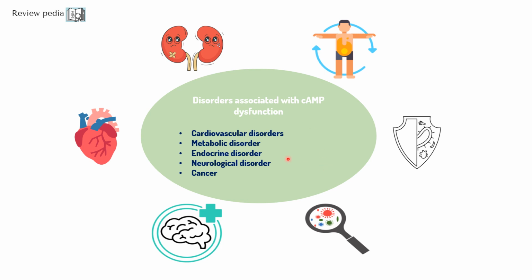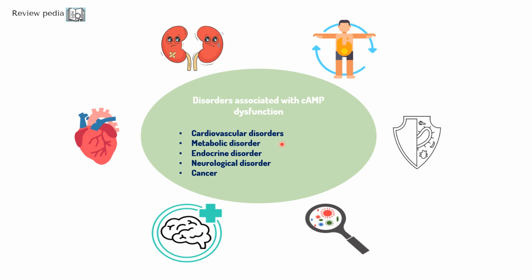And coming to metabolic disorder, it leads to obesity and type 2 diabetes. Here, cyclic AMP normally stimulates lipolysis, where it breaks down the stored fat, and enhances insulin secretion. So reduced cyclic AMP levels can increase fat accumulation and may lead to metabolic disorder.